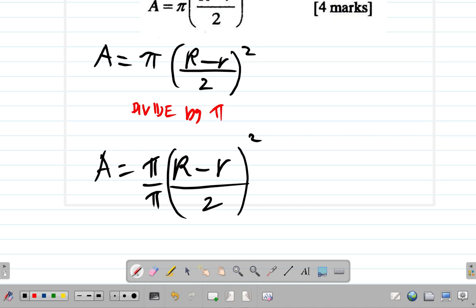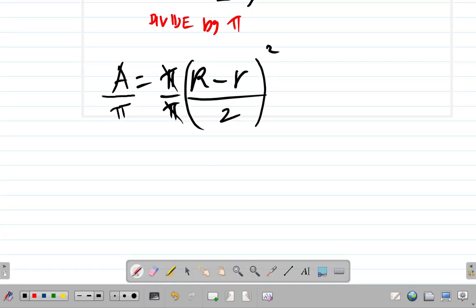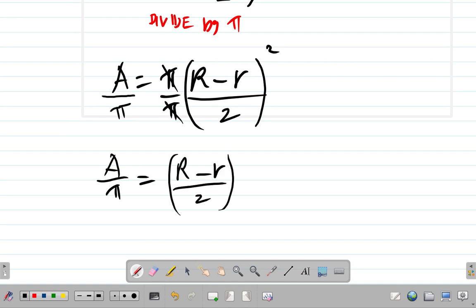When you divide the right hand side by pi, the equation becomes off balance. So we must restore balance by dividing the left hand side by pi as well. So what we have then is A divided by pi equals big R minus small r divided by 2, squared.